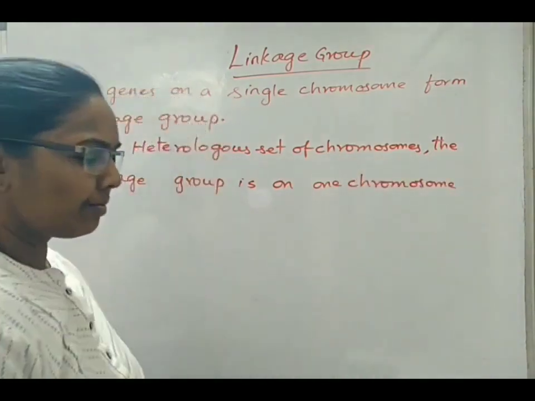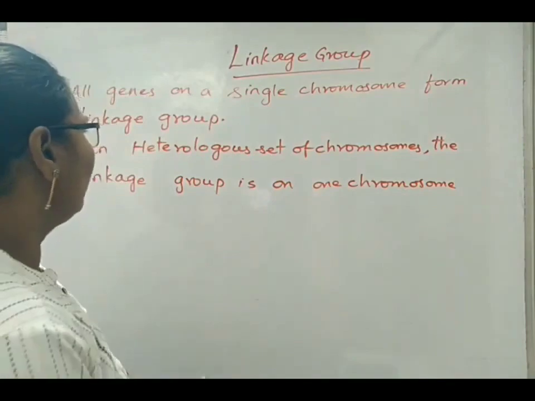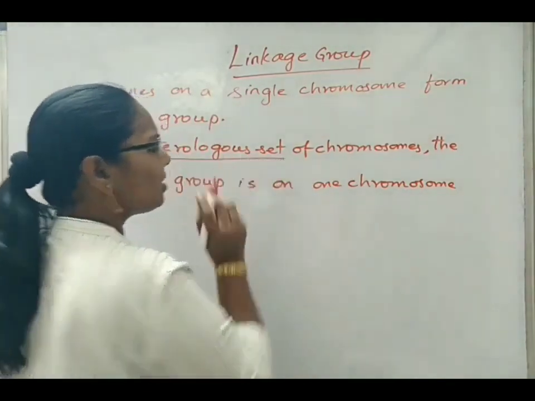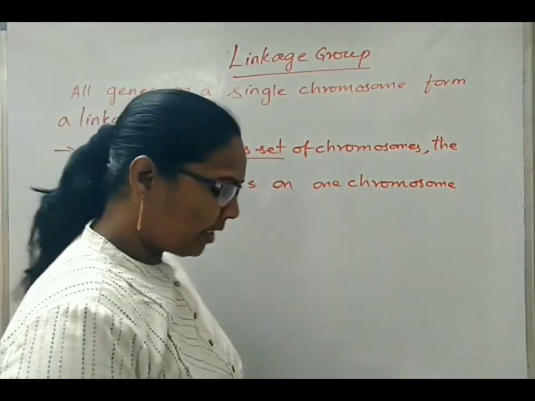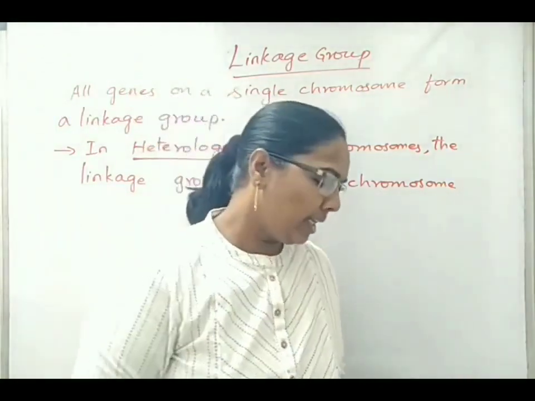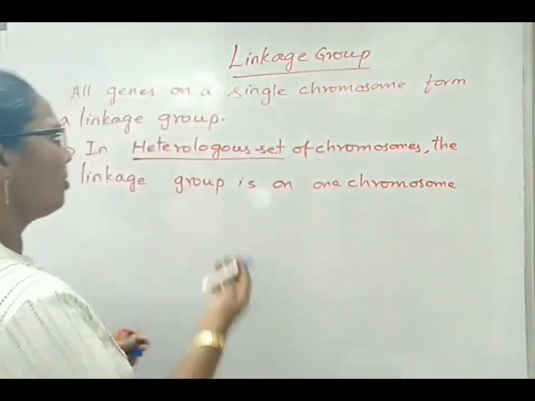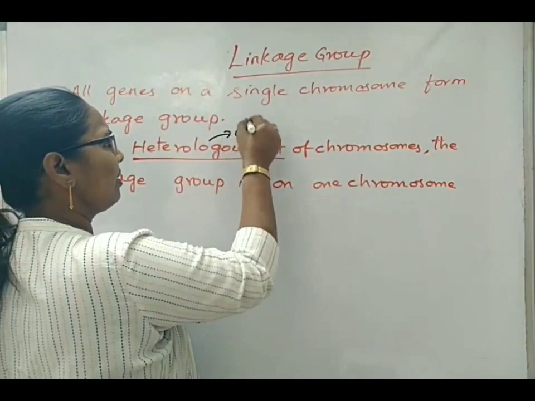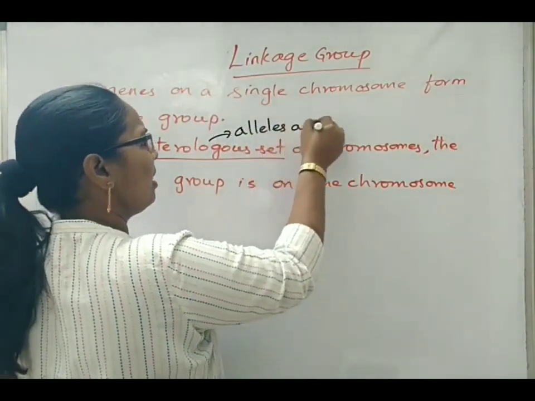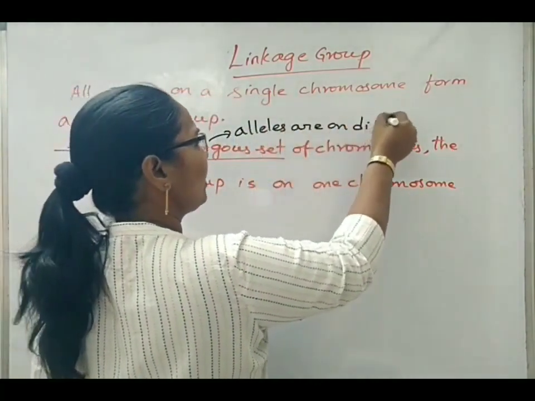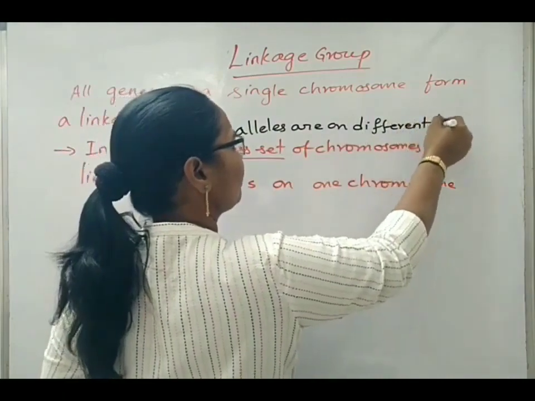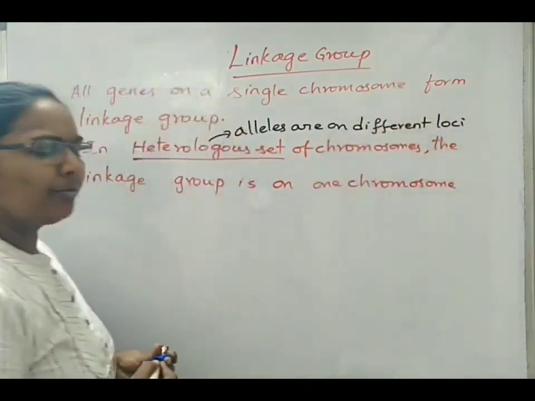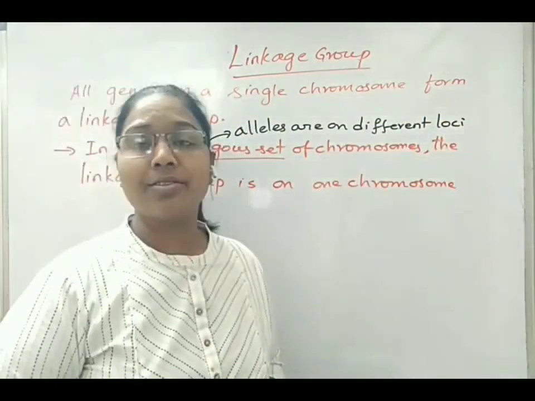Here, what is meant by heterologous set of chromosomes? In case of heterologous set of chromosomes, the alleles are on different loci. Such type of chromosomes are considered as heterologous.